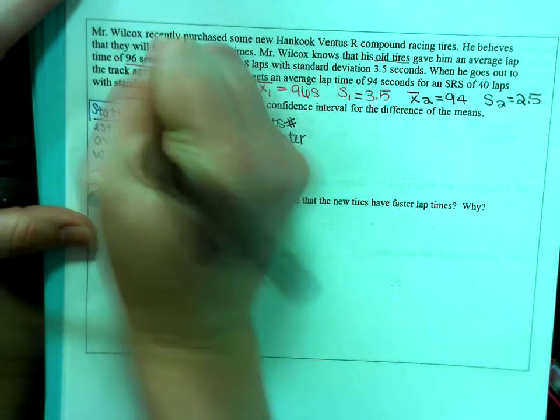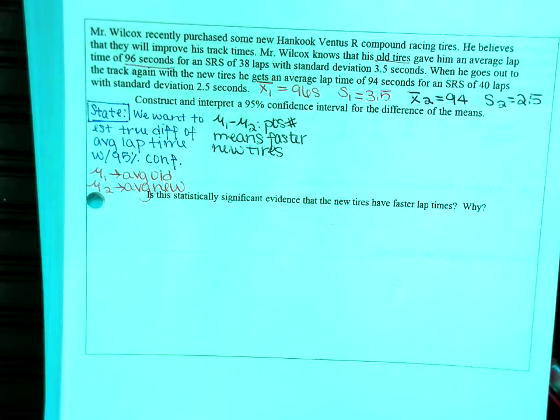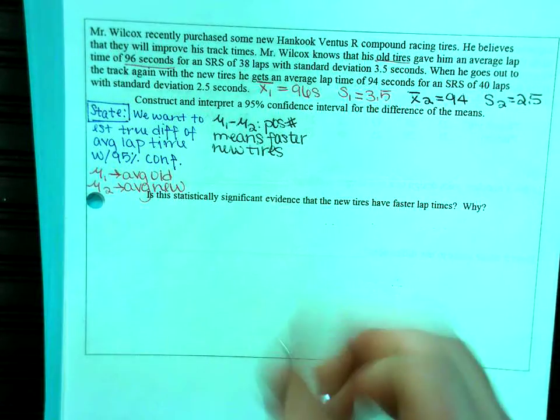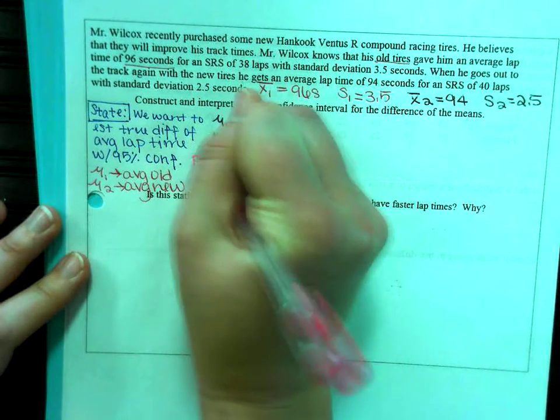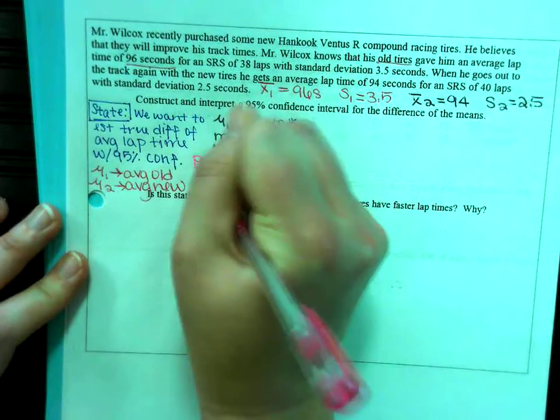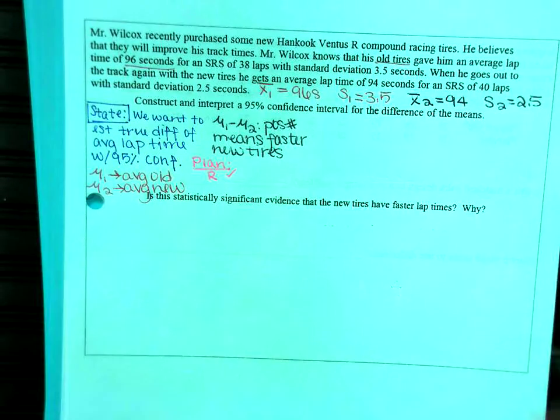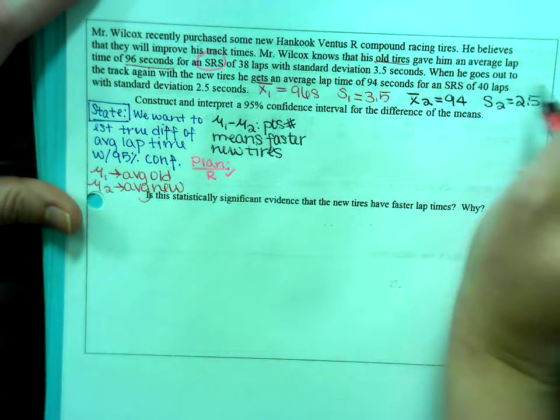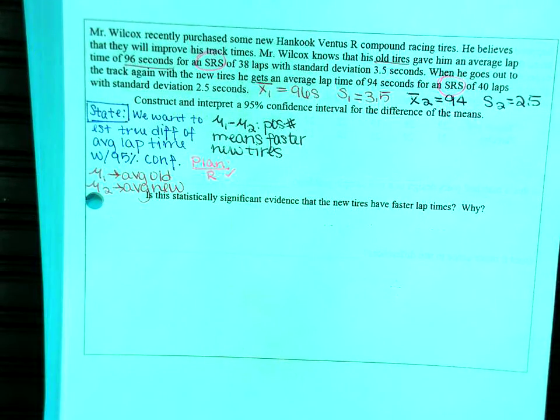Plan: what are the 3 conditions? Random, normal, independent. So random, how do we know it's random? It says SRS and SRS, so random, check. Normal, how do we know that? CLT. Yes. Because we're looking at means, it's either going to say the population distribution is normal, or you check the CLT.